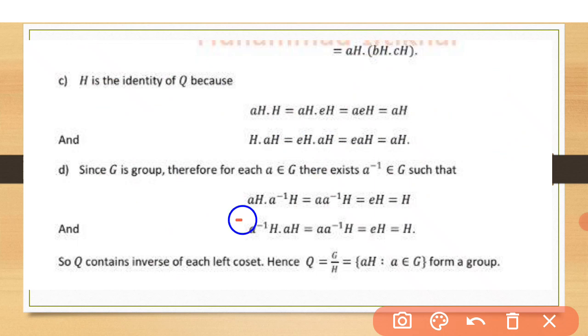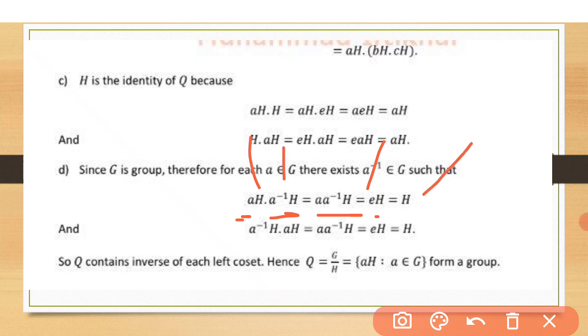When A is multiplied, A is the element, the left coset of A and the left coset of its inverse. These are two separate left cosets, and we know that when we multiply two left cosets, it gives us a single left coset, that is also a coset of G in that group, H or any other. So A multiplied by A inverse, we know that when any element is multiplied by its inverse, it gives us the identity element.